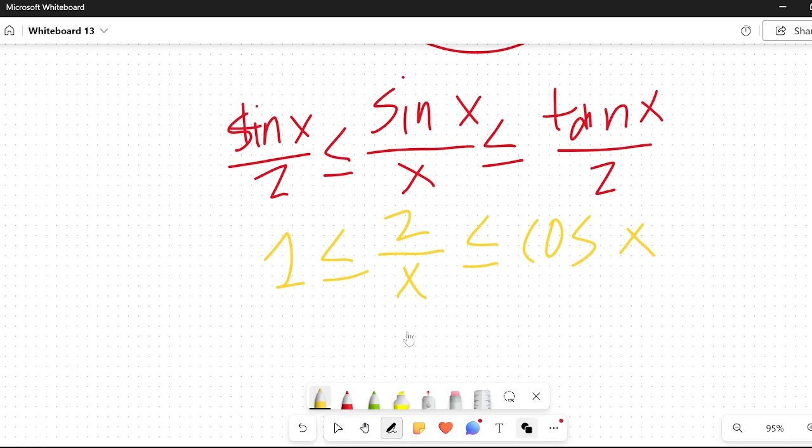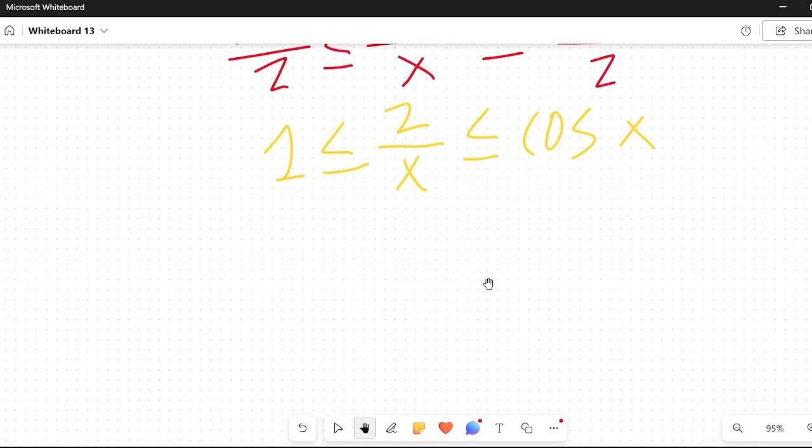So then if we plug in 1 for both of these, we'll see that both are equal to 1, and this will essentially get squeezed at 1. So we know that the limit of sine of x over x is 1. We can do the same thing, and we'll have more practice on this, but that's essentially how the squeeze theorem is going to work.